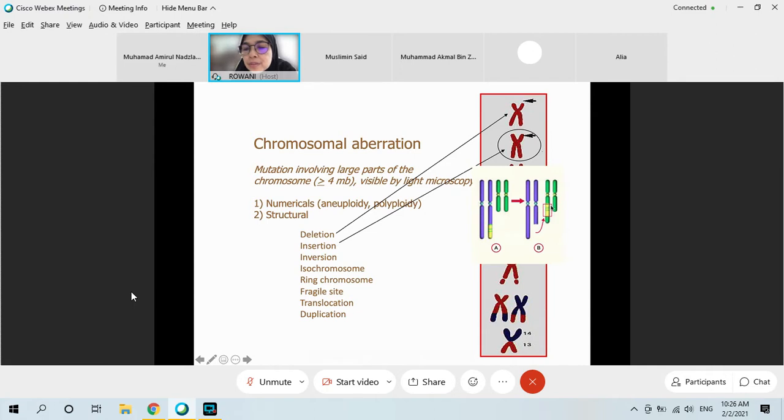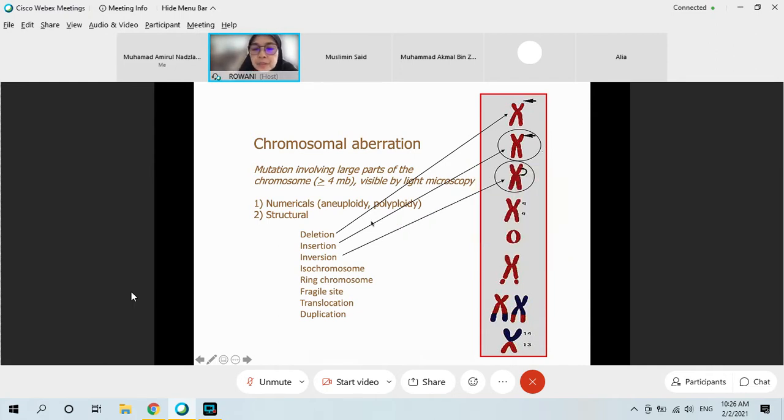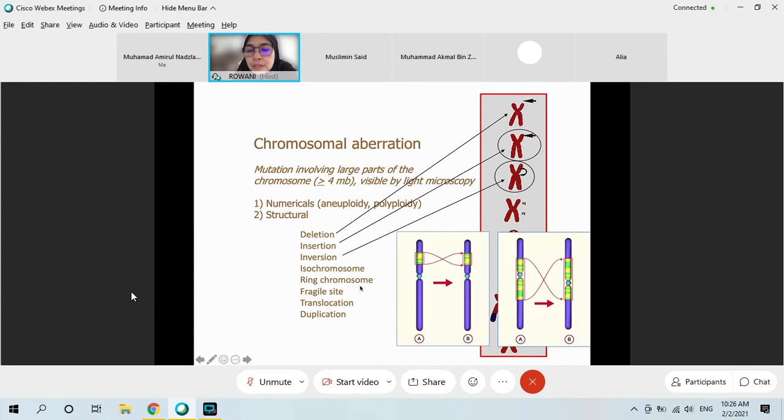So this is insertion. Inversion is when the structure of the chromosome is inverted upside down. If it does not involve your centromere, you call it pericentric. If it involves your centromere, this is paracentric inversion. It can happen both ways.